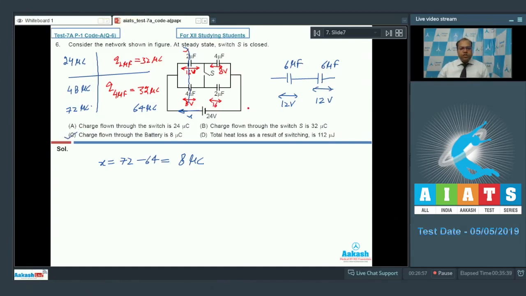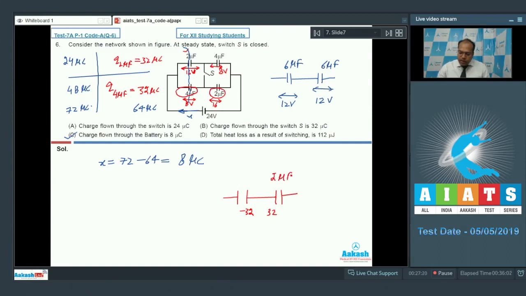Now in order to calculate the charge flown through the switch, if I consider these two capacitors, then initially the charge on these two capacitors, in the first situation, here the charge would be minus 32 microcoulomb and here it is plus 32 microcoulomb.